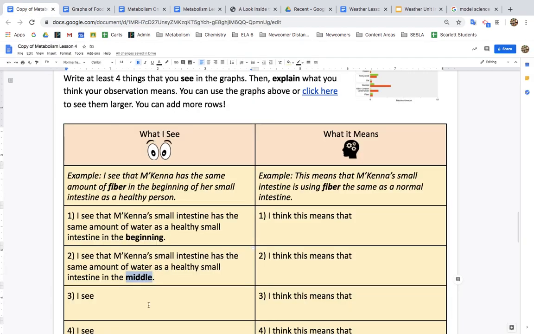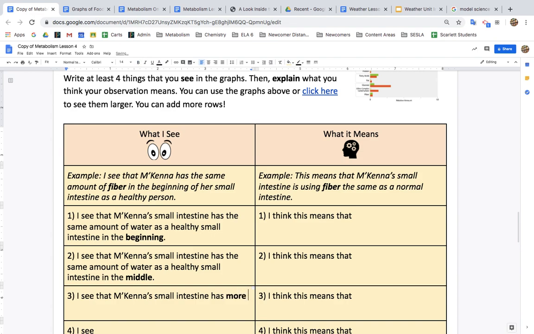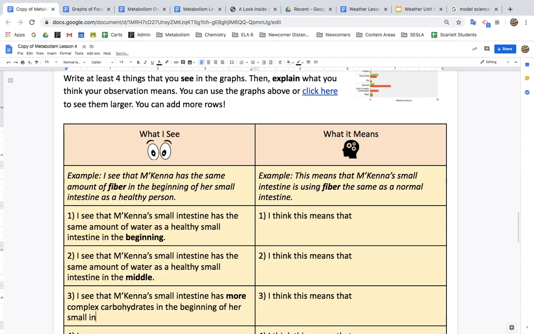So I'm going to write that. I see that McKenna's small intestine has, I'm going to double check, more complex carbohydrates in the beginning of her small intestine.